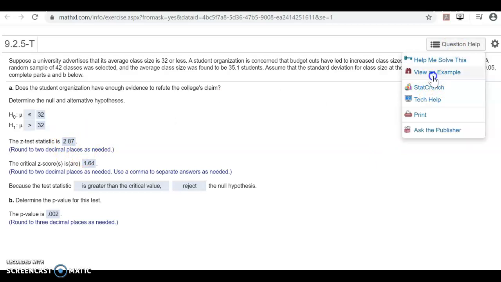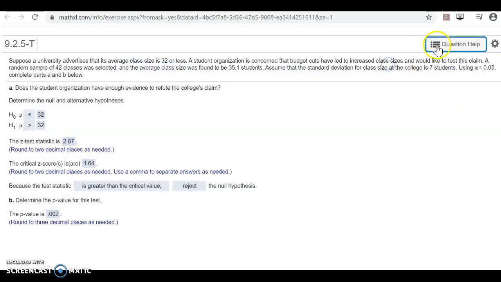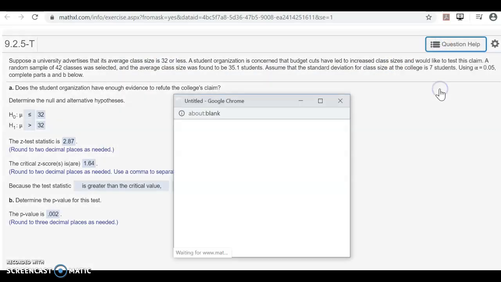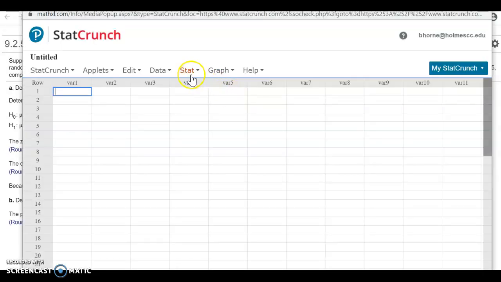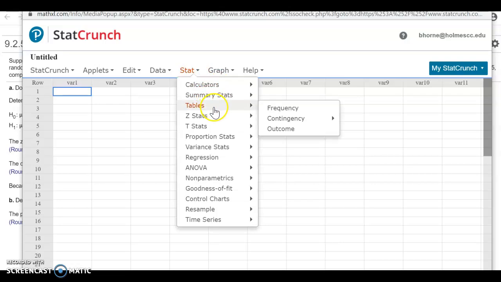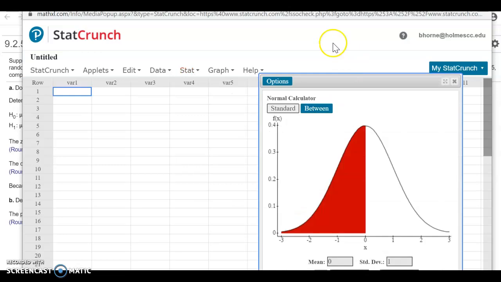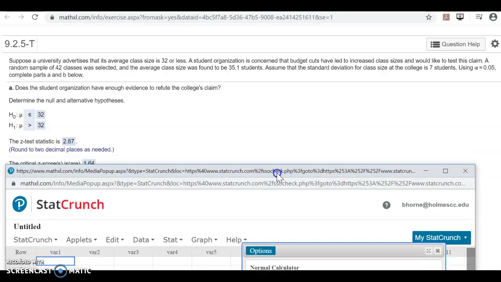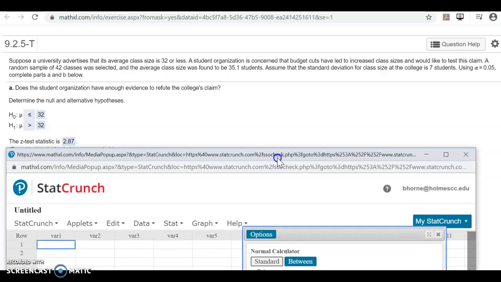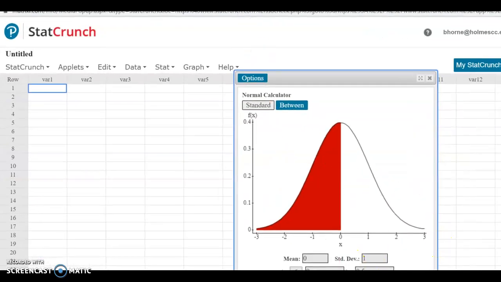So to get your p-value, you go to StatCrunch, go back to where we were, into normal, so calculators and then normal, and then we want the p-value, or the probability associated with a z-test statistic greater than or equal to 2.87.